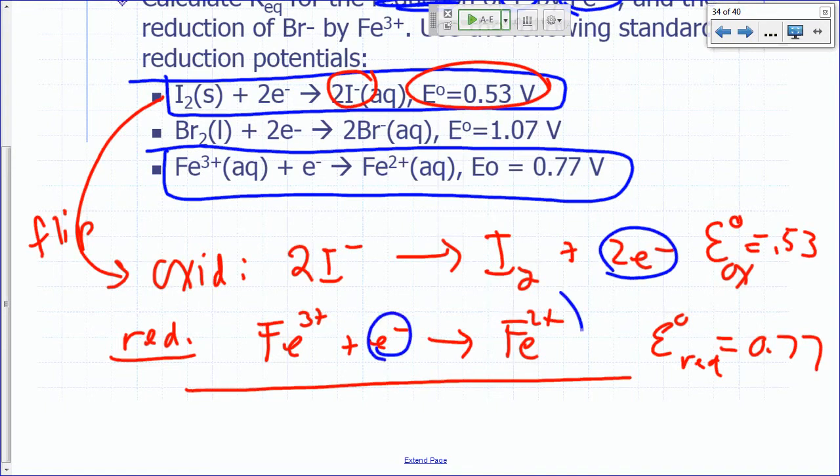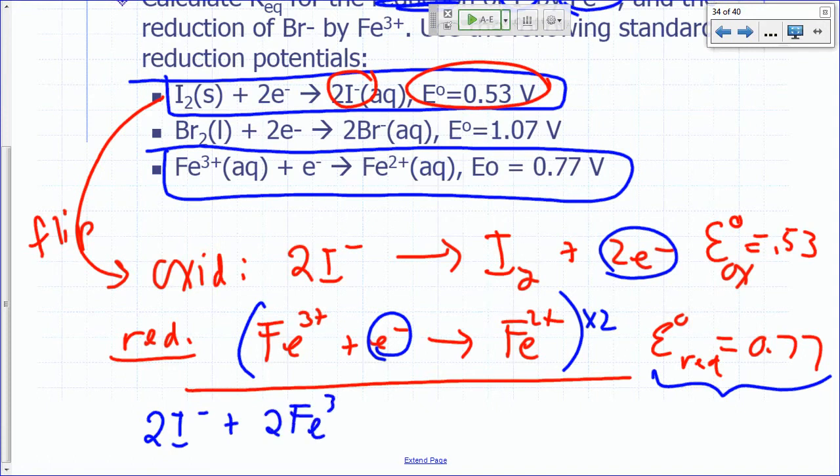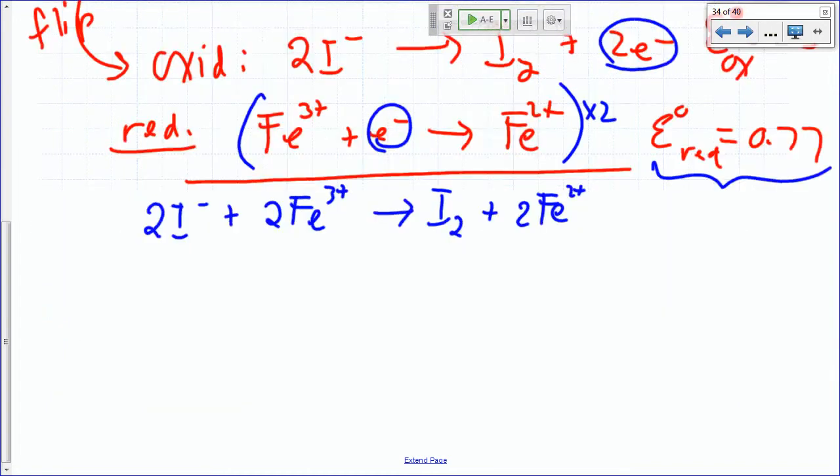So I have to multiply that second step by 2. Keep in mind, standard reduction potentials are intensive properties. Even if you multiply your coefficients by 2, the potential remains the same, so you don't multiply this other side by 2. If you combine these, you have 2 iodide plus 2 ferric ions, Fe plus 3, yields I2 plus 2 iron plus 2. That's your overall reaction.